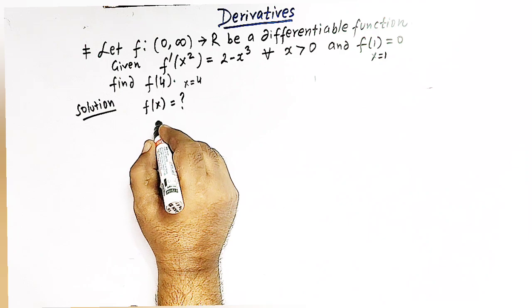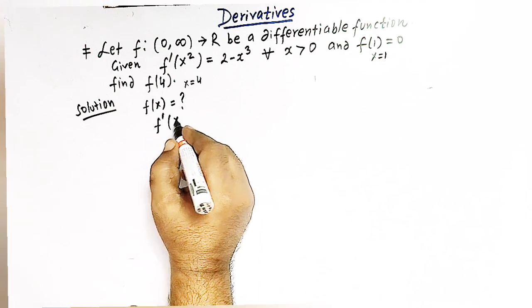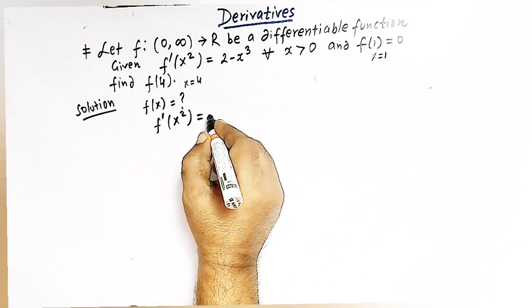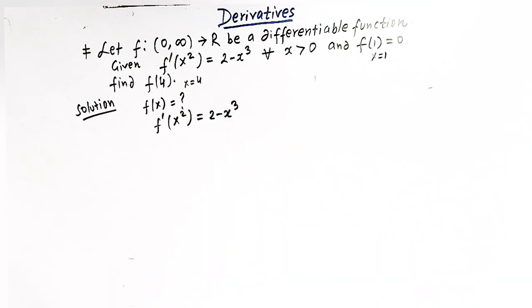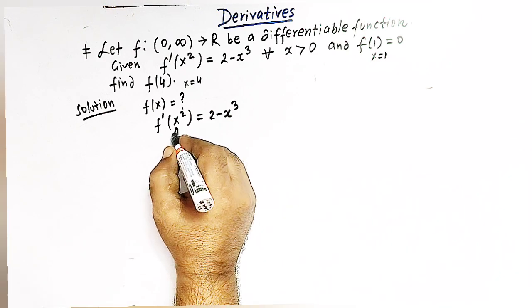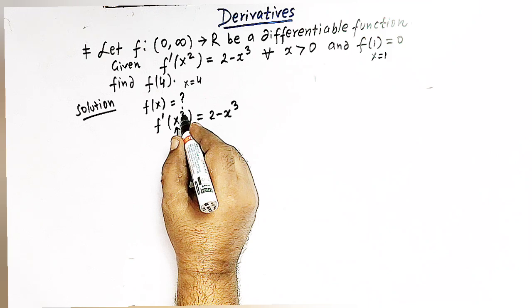Now see here, the input is x square, right?